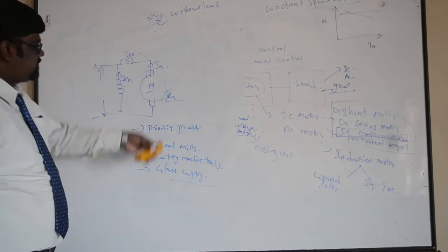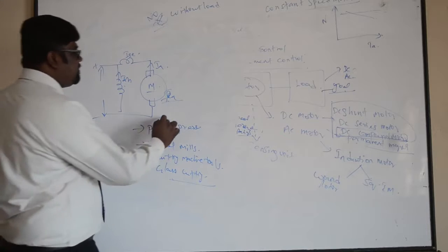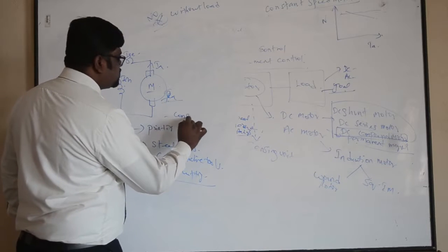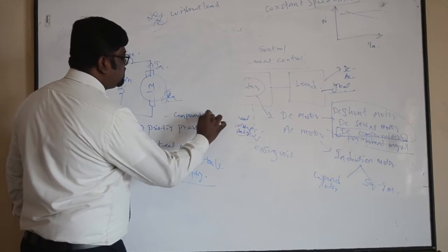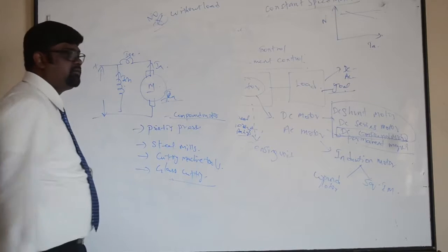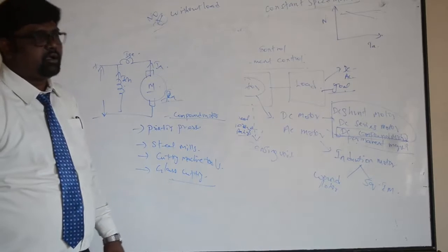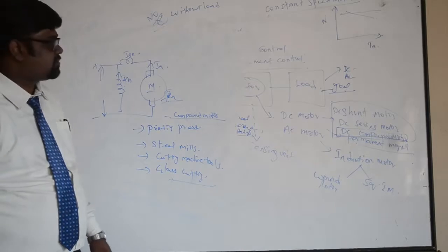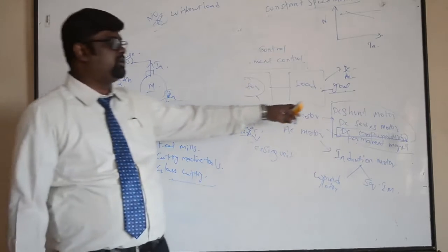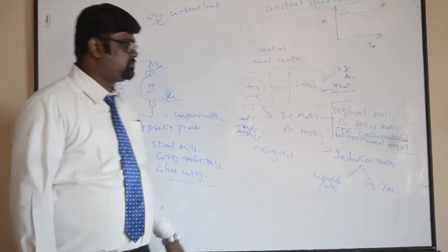Here we can use the compound motor, but mostly the compound motor is not preferable for industrial applications. That's why we go for the shunt motor as well as series motors.